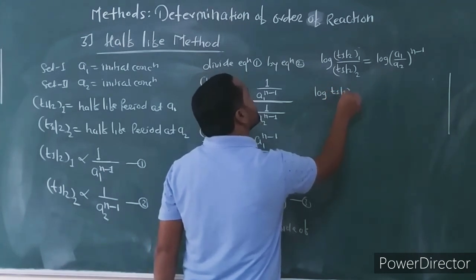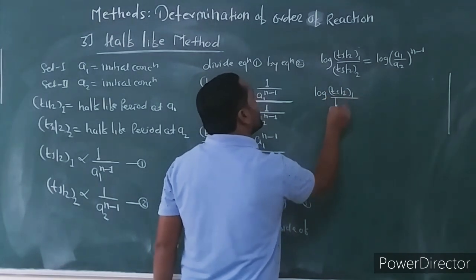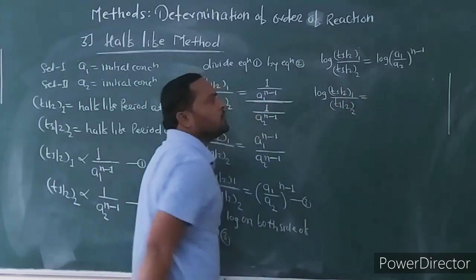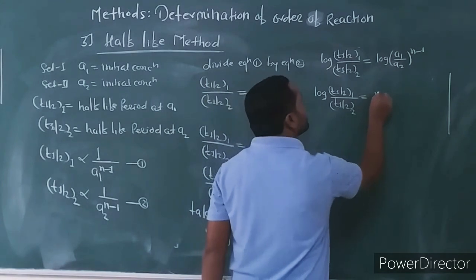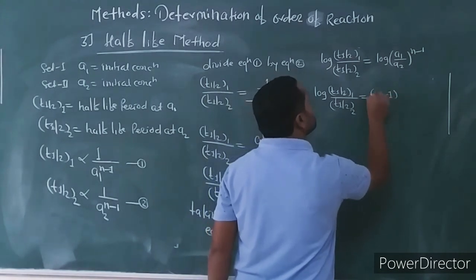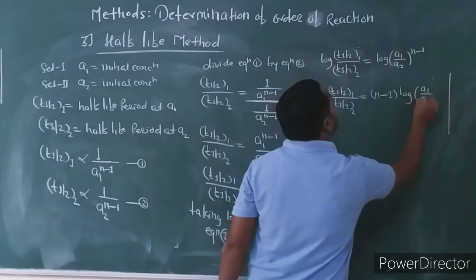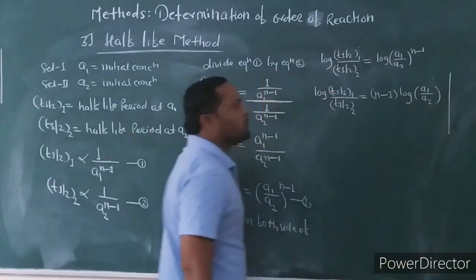Log T half 1 divided by T half 2 is equal to, by using rules of logarithm, we can write n minus 1 log A1 upon A2.